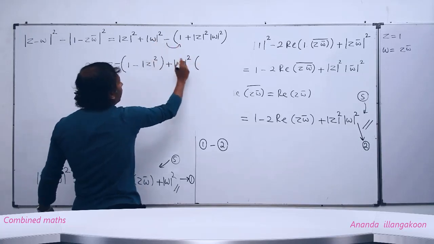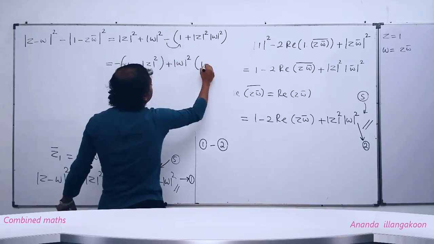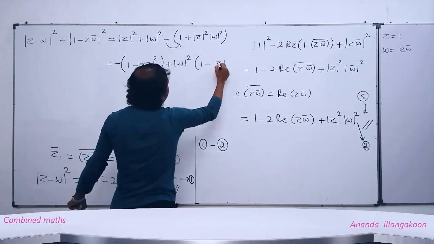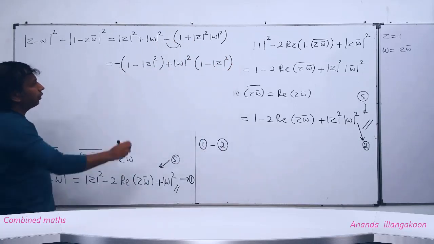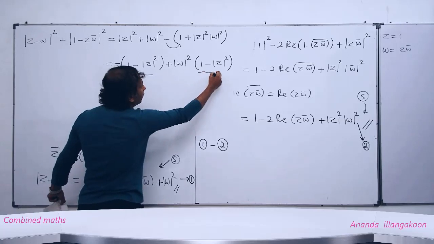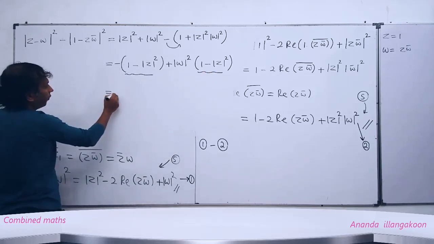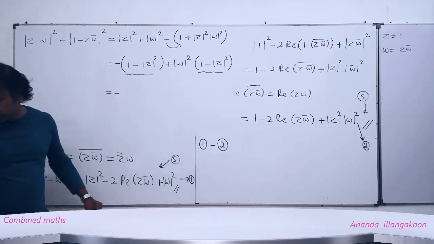This is now 1 minus mod Z squared. Then this one again common, take it out, minus, what is the answer asking?